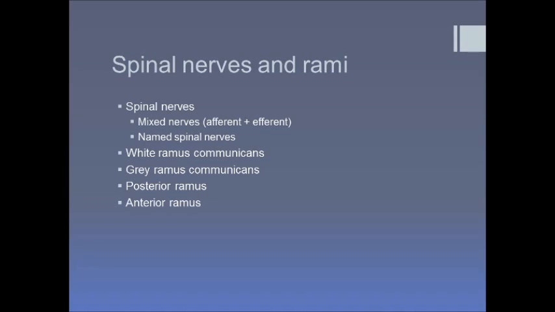Gray ramus communicans are unmyelinated spinal nerves. The posterior ramus provides sensory and motor functions for the back, and the anterior ramus provides sensory and motor sensation to the ventrolateral body, so everything else, your thorax, your face, your head, and your limbs.